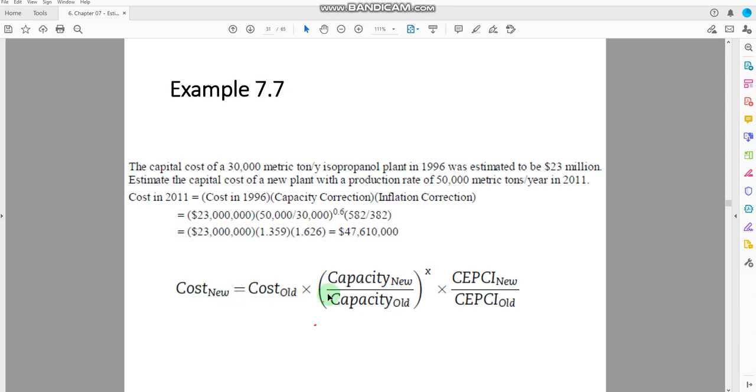If some information for the capacity is not given, you can ignore this part and use the other two parts. Otherwise, this is the general equation that you can use to compare the capacity, inflation, and the cost together. And we can use these equations a lot in the engineering analysis and also in the plant design analysis.